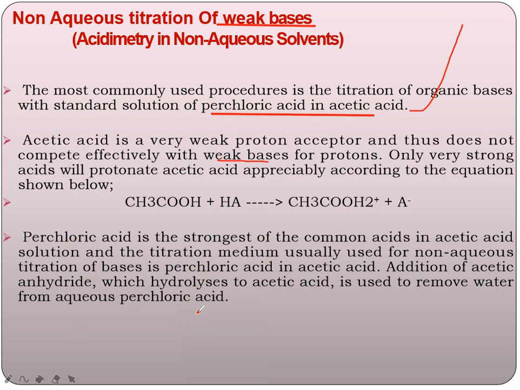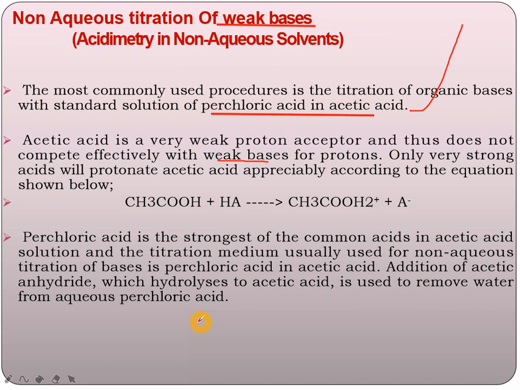During the preparation of the perchloric acid, we know that in non-aqueous titration, non-aqueous means there should not be any amount of water. If there is any small amount of water, there will be changes in the result. In the case of aqueous perchloric acid, there is a chance of a small amount of water being present.